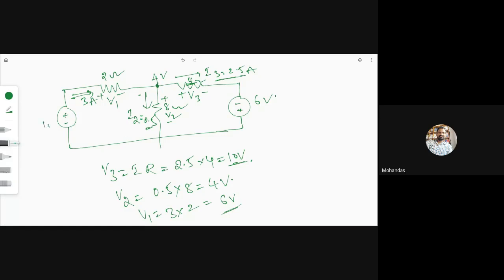See, here there is 10 volts, and when 6 volts drops here, 4 volts remains here, right? So these are the voltages and currents. I1 equal to 3 amperes, I2 equal to 0.5 amperes, I3 equal to 2.5 amperes. Please note down, all of you.